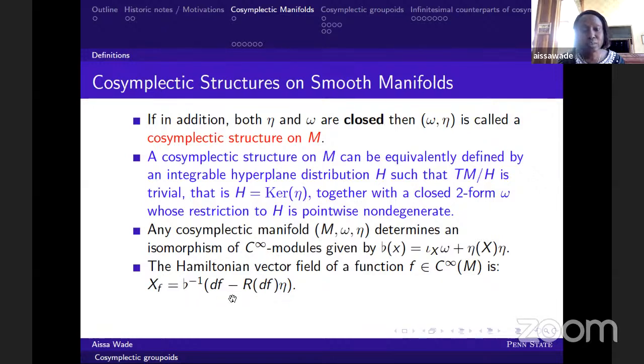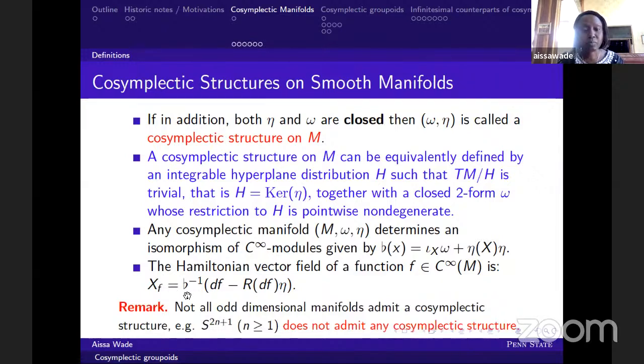So the flat inverse of df minus R contracted with df times eta gives the Hamiltonian vector field. But careful, not all odd dimensional manifolds can admit a cosymplectic structure. For example, the sphere S^(2n+1) has no cosymplectic structure.